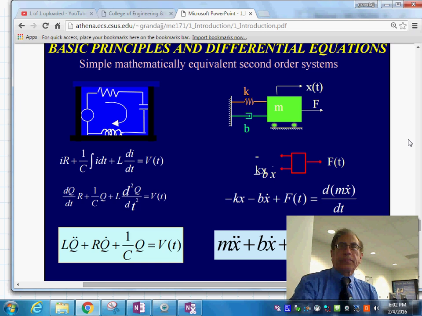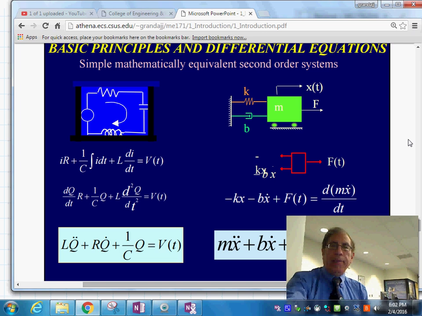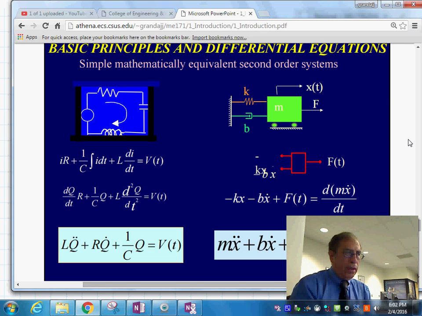Because when you think about it, we need to do systems that are in both energy domains. But first of all, we're going to see that certain things are very similar, and there are elements in one system and the other that have about the same kind of functions, but in different energy domains.